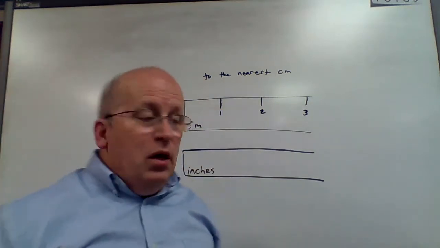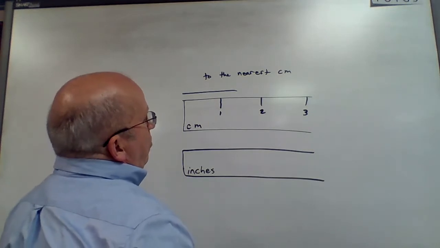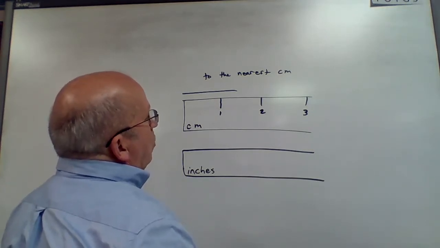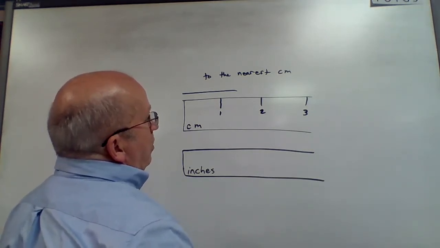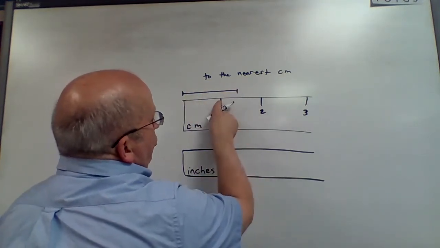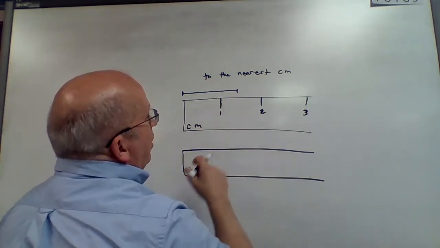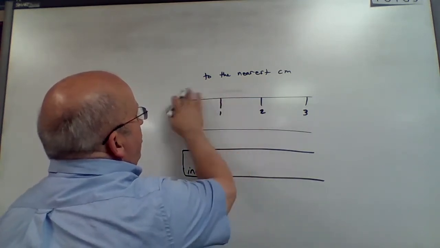In other words, if I had something that was this long, I could say that it's about 1 centimeter long, or I could say it's about 2 centimeters long. But since this line ends closer to 1 than it does to 2, I would say it's closest to 1 centimeter. I'm being precise to the nearest centimeter.